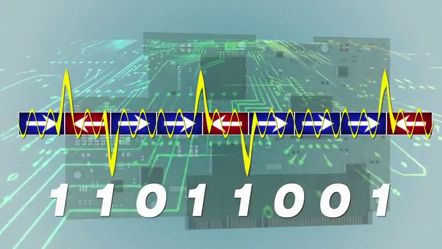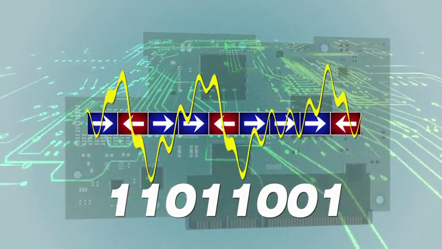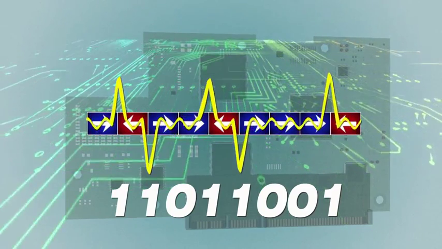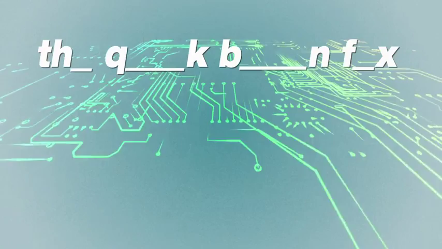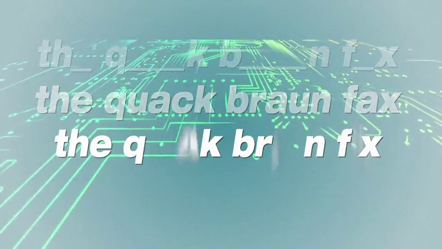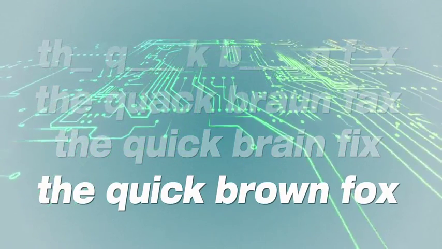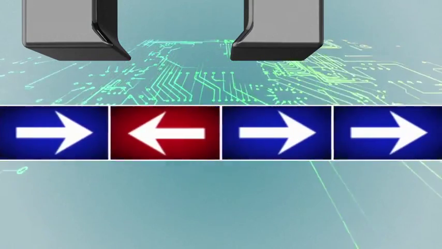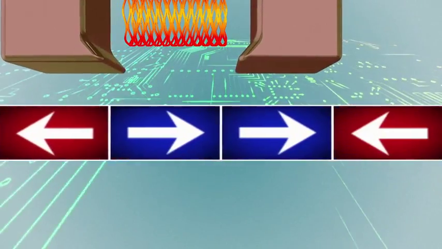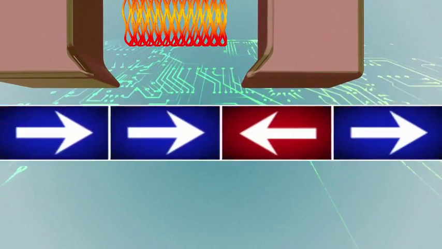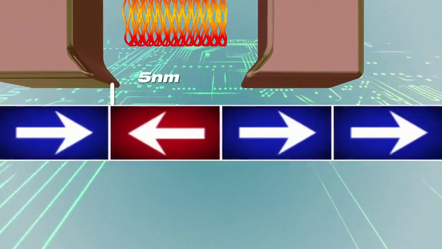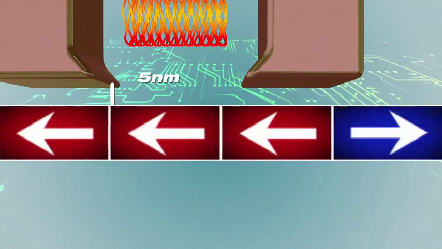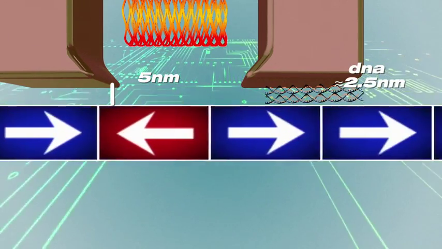Bits could also be packed closer together, thanks to mathematical algorithms that filter out noise from magnetic interference and find the most likely bit sequences from each chunk of readback signal. And thermal expansion control of the head, enabled by placing a heater under the magnetic writer, allowed it to fly less than 5 nanometers above the disk surface, about the width of 2 strands of DNA.